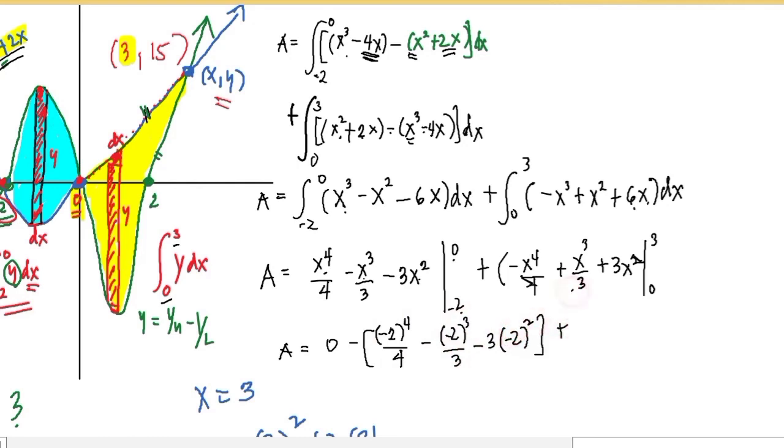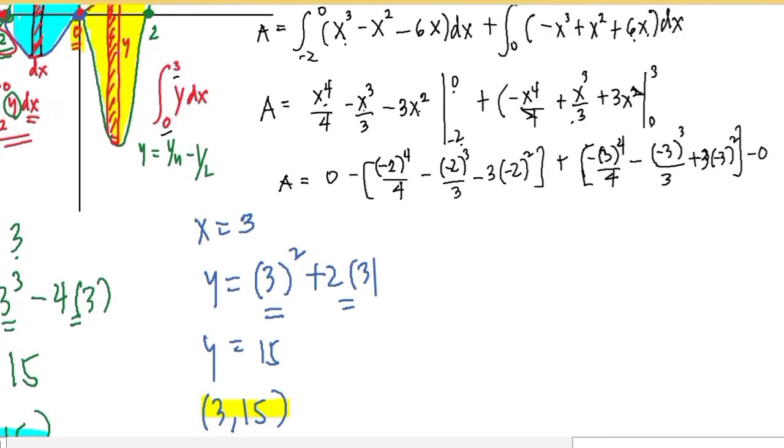For this one, we have x as 3, so 3 raised to 4 over 4, then negative 3 raised to 3 over 3, then plus 3 times negative 3 squared. While our lower limit is 0, that would be minus 0. Okay.